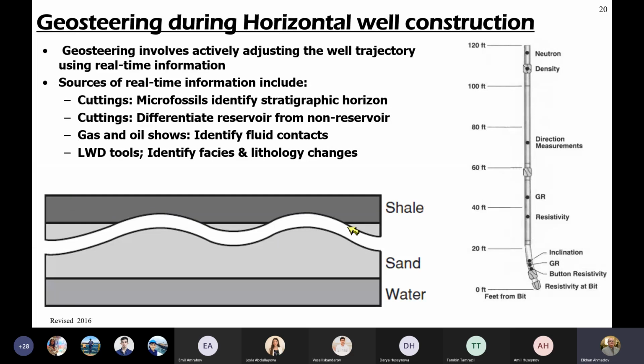And keeping this well in this horizontal direction, away from the water at the bottom, will prolong the water-free production.